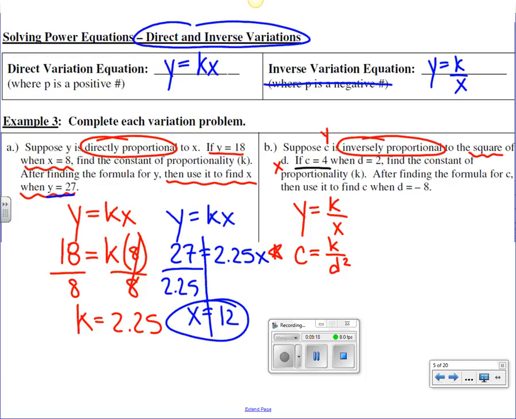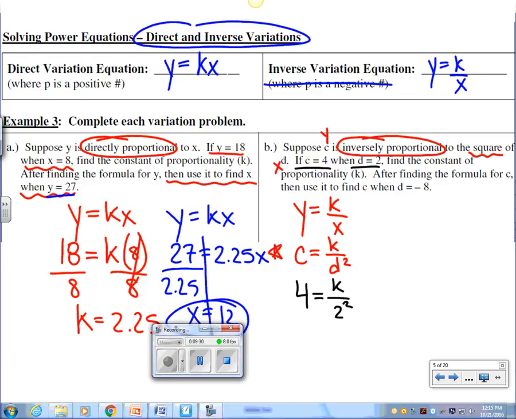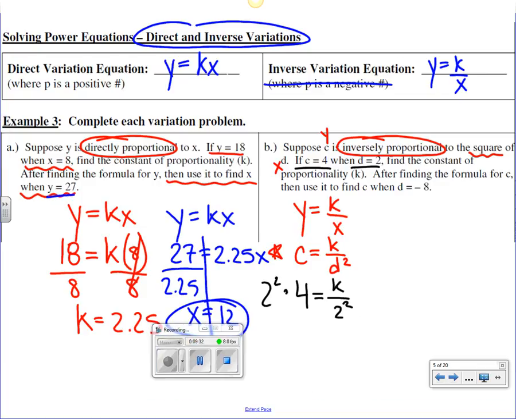If C equals 4 and D is 2, find K. So 4 goes in for C and 2 goes in for D. And we're going to get K by itself. So we need to multiply by 2 squared. So we get K to be 16. Okay. After finding the formula, then use it to find C when D is -8.